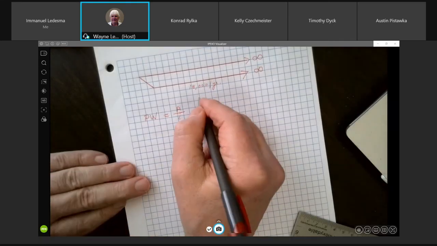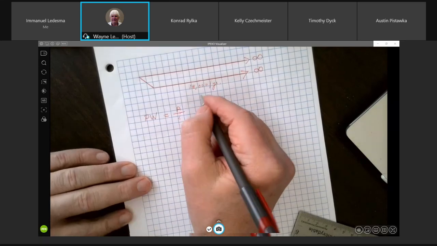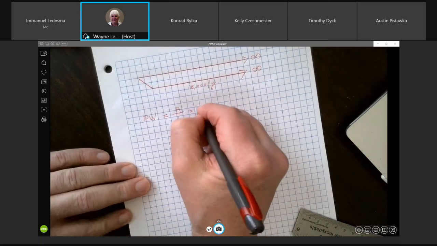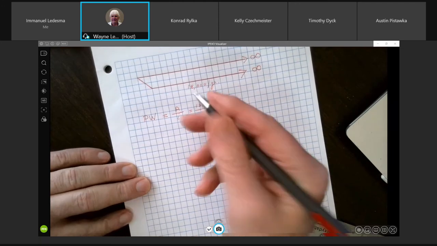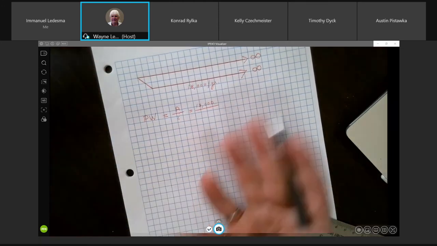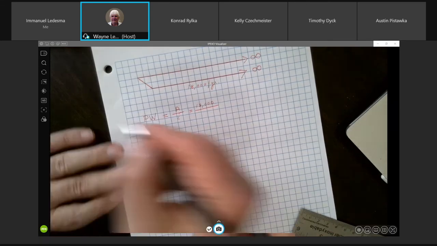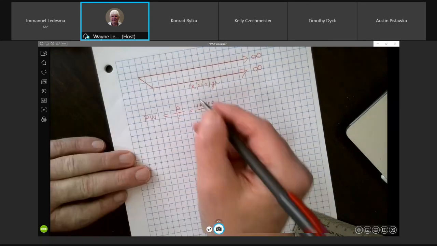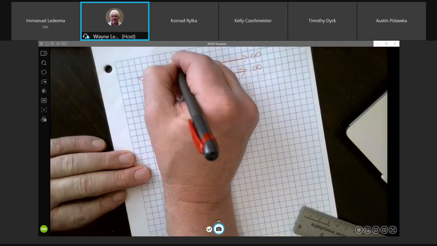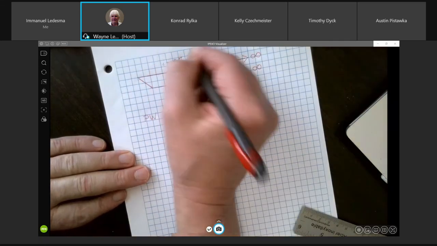So if we work this a little further, we would have 18,000 divided by the interest rate. Now these have to be in the same units. Fortunately, they are, because the interest rate, and I want to write that down here in the question, is 7%. So I equals 7%. It's not nominal.